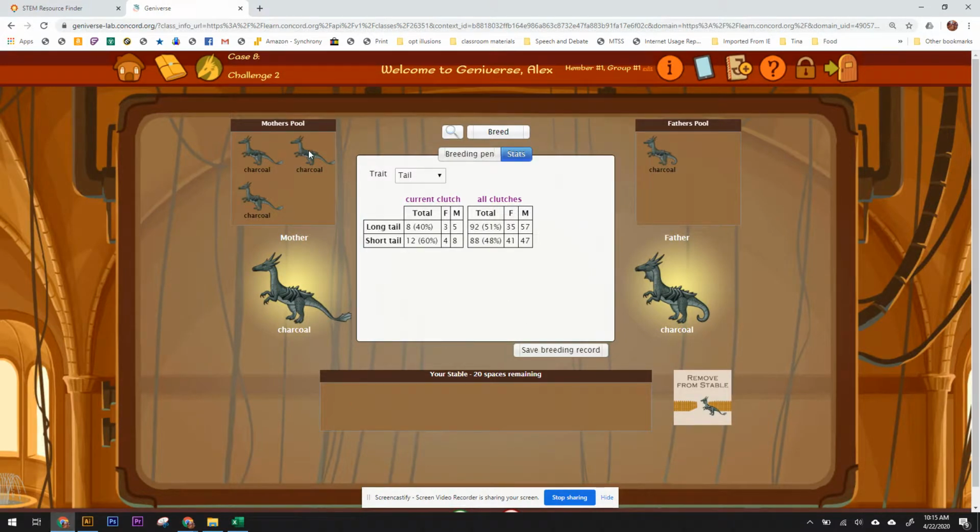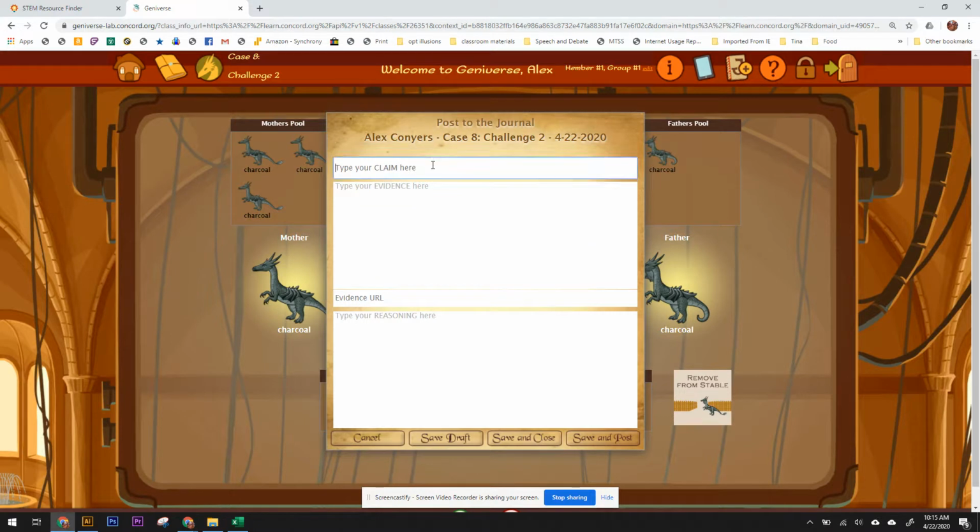So what I need you to do is switch out the other mothers, figure out what their ratios are. But I can go ahead and write my claim here. The first mother is long short. So when bred with a short father, the offspring were 50% short, 50% long.